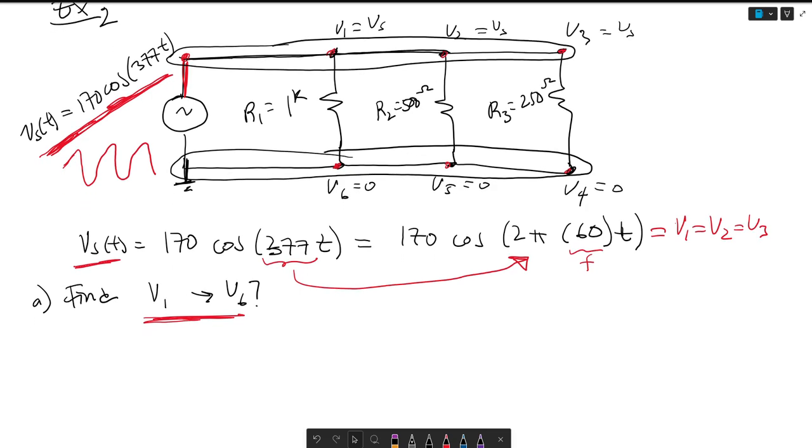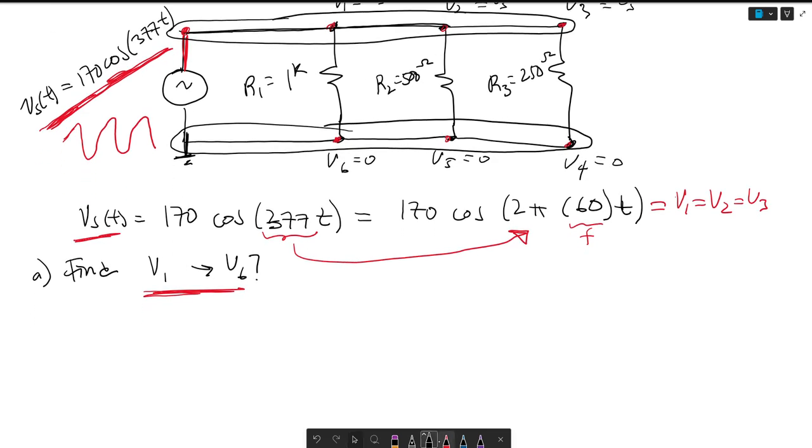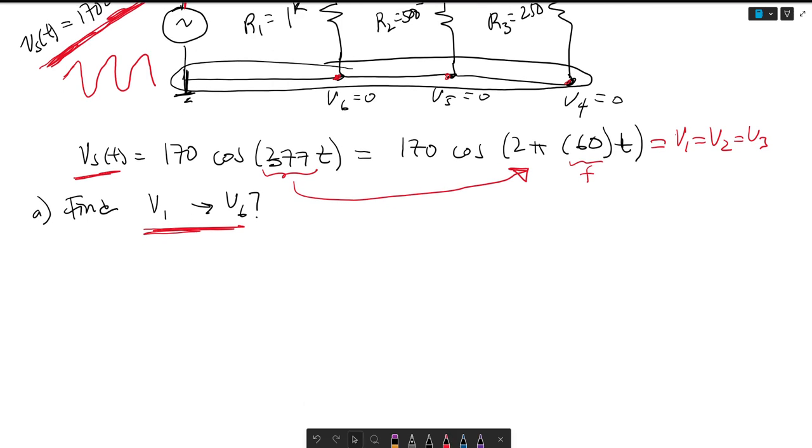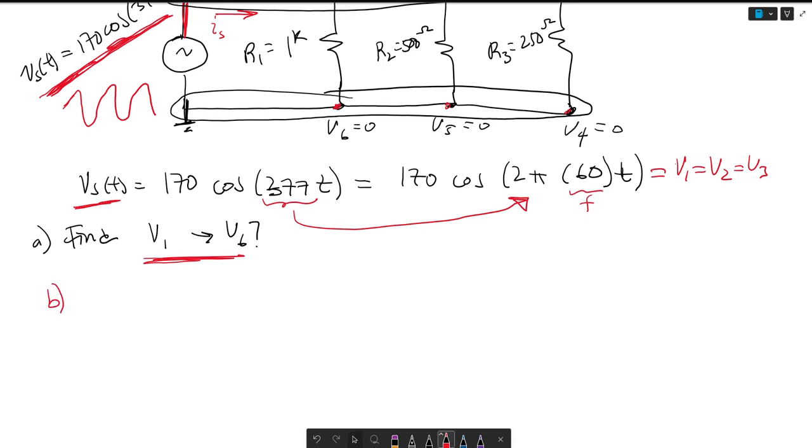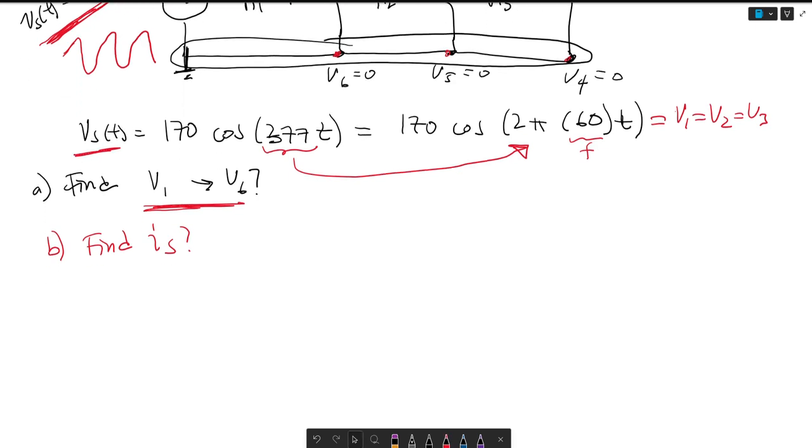Now, for the next part of the problem, we're tasked with finding the current supplied by the source to the 3 loads, so finding IS. So B says find IS.